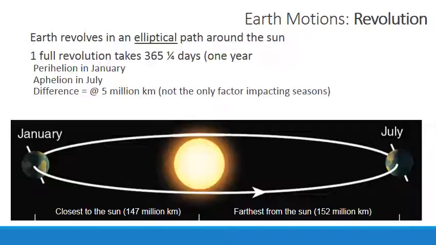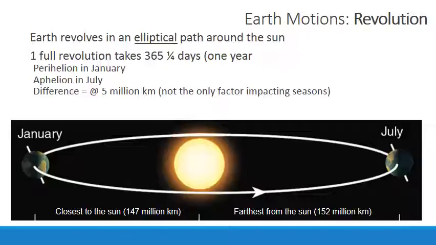So although the Earth is closest to the sun and receives as much as 7% more energy in January than in July, the difference plays only a minor role in producing the seasonal temperature variations. So this is not the cause of a season.